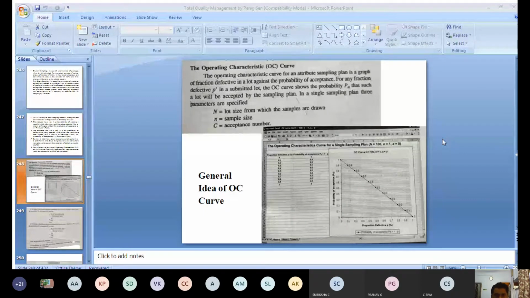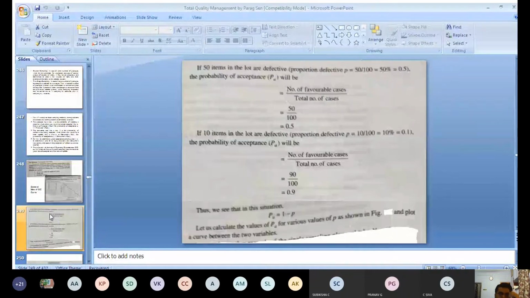Graphically you can find that. Along the x-axis the proportion defective is represented, and along the y-axis the percent probability of acceptance is represented.